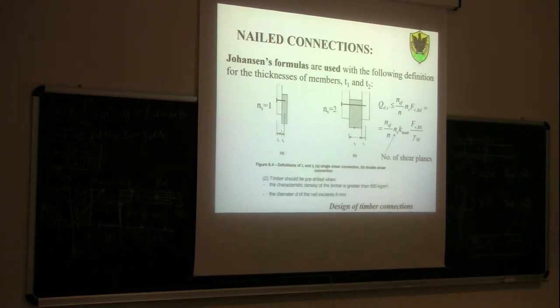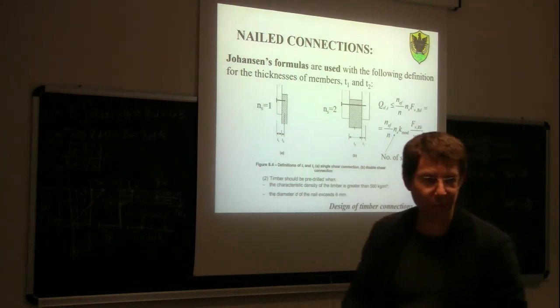This is very important. We were discussing before about pre-drilling. When do I need to pre-drill the timber? Timber should be pre-drilled, so devo preforarlo, when the characteristic density of the timber is greater than 500 kg per cubic meter. So if you have a hardwood, it's much more difficult to screw one screw inside than if you have a softwood.